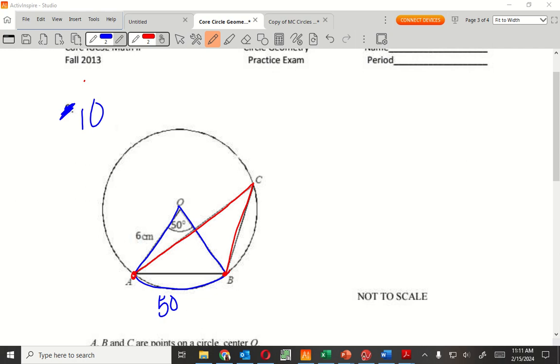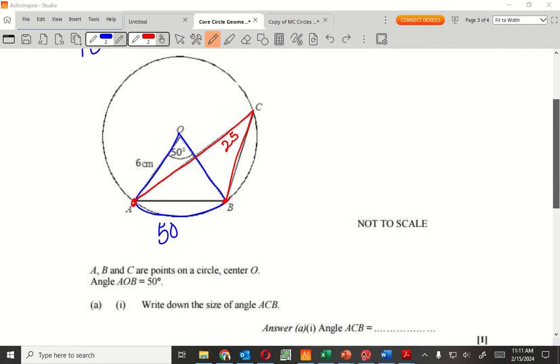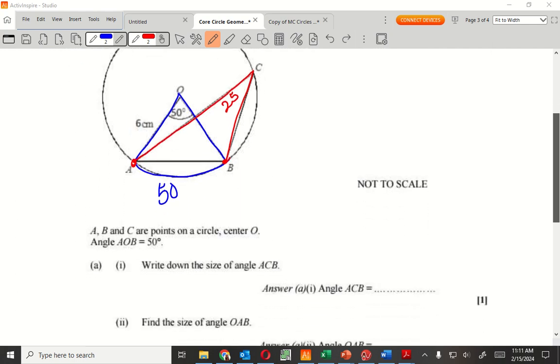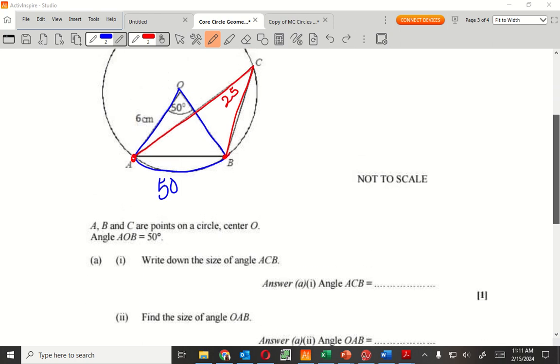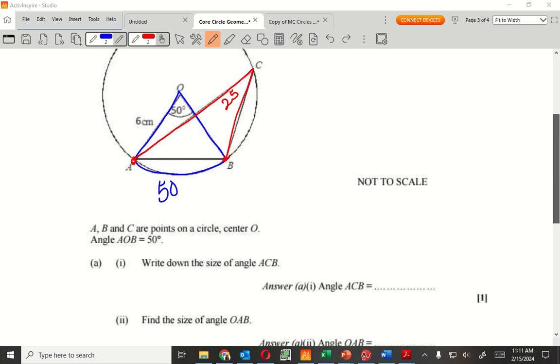So my arc is 50, my inscribed is 25. Let's go through and find some more stuff to go along with this. Angle ACB is going to be 25.